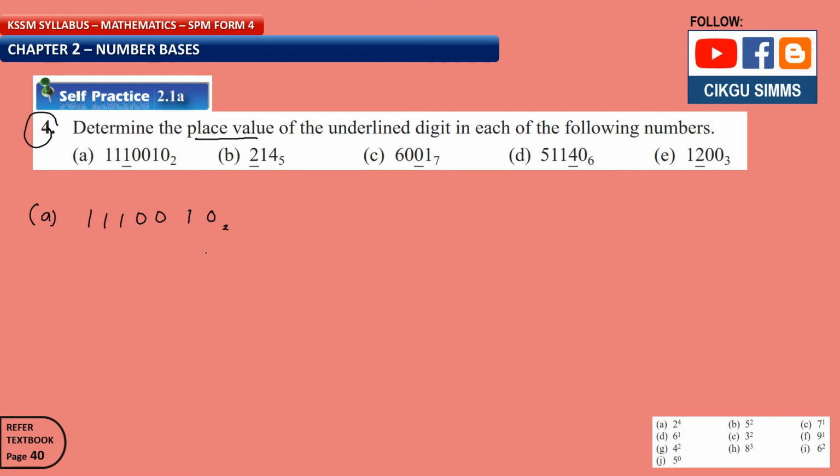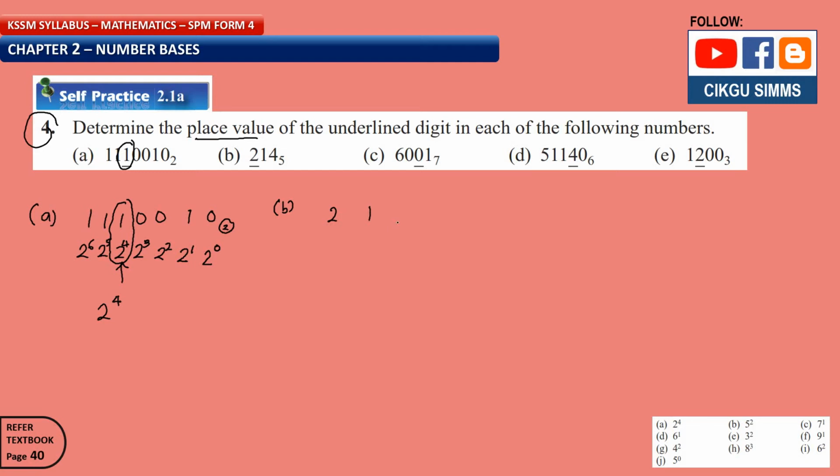So the place value depends on the base, and the first one starts at 0, the second one 1, so the powers are 0, 1, 2, 3, 4, 5, 6. Okay, so you are looking at this one, right? So the place value is 2 to the power of 4. Okay, so you use the same writing technique for other numbers.